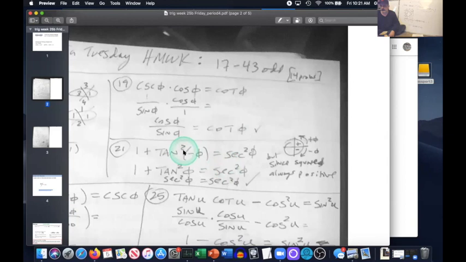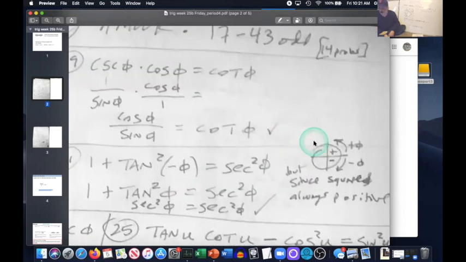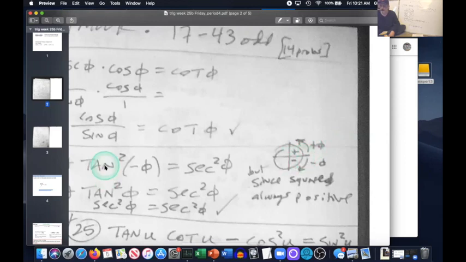Okay, now this one, anytime you square something, it's always going to be positive. So this is no different than the tangent of the positive angle. If that wasn't squared, then we'd have to interpret that a little bit better. So remember, the tangent is an odd function. If you change the sign of the angle, then the function changes its sign.